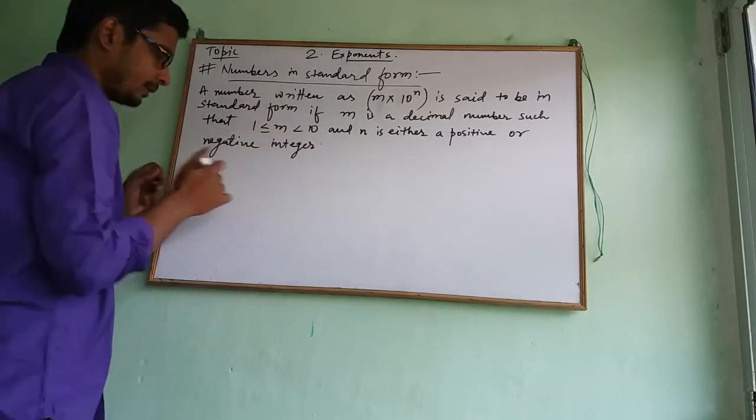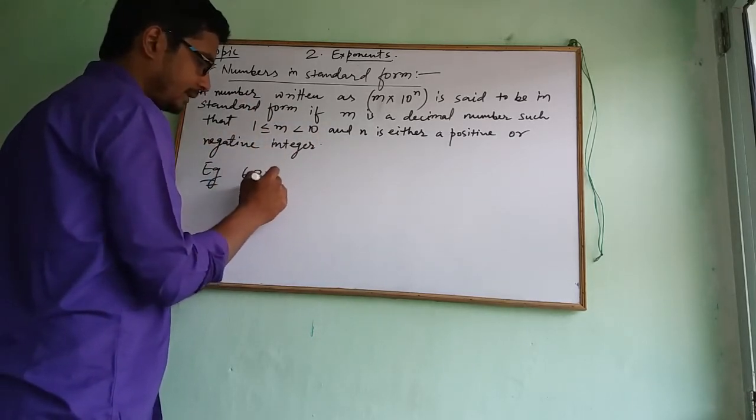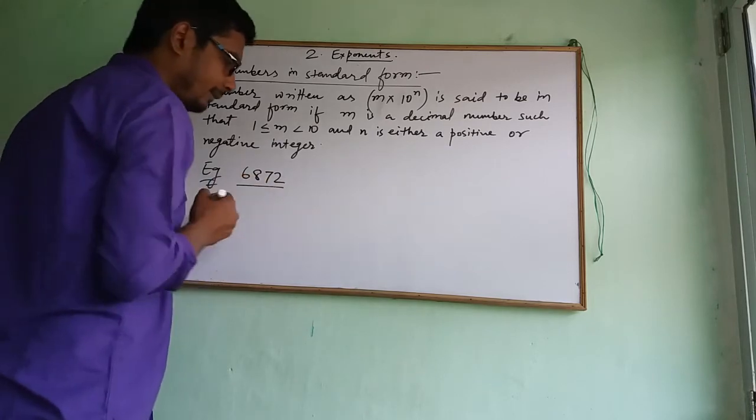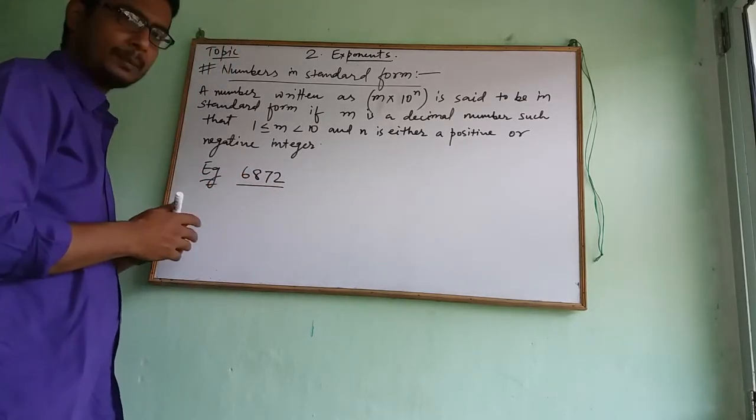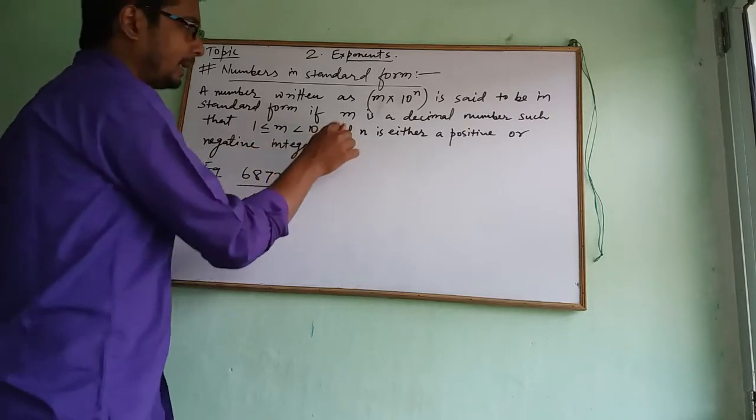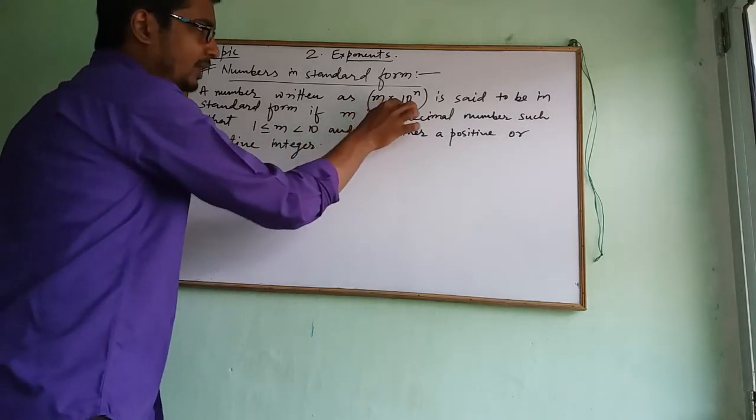Now let's take this explanation with an example. I have one number, 6872. Now I have to represent this number in standard form. So how will I represent it? You can see here m into 10 to the power n.